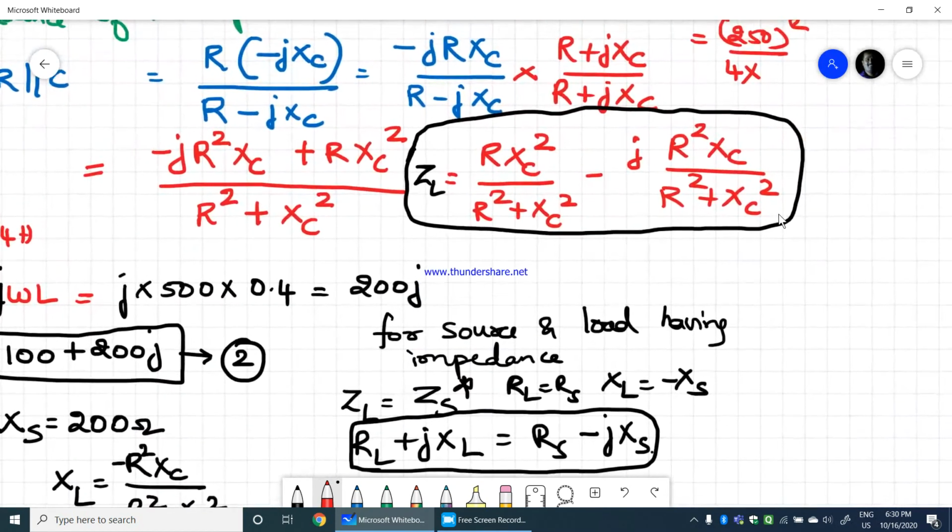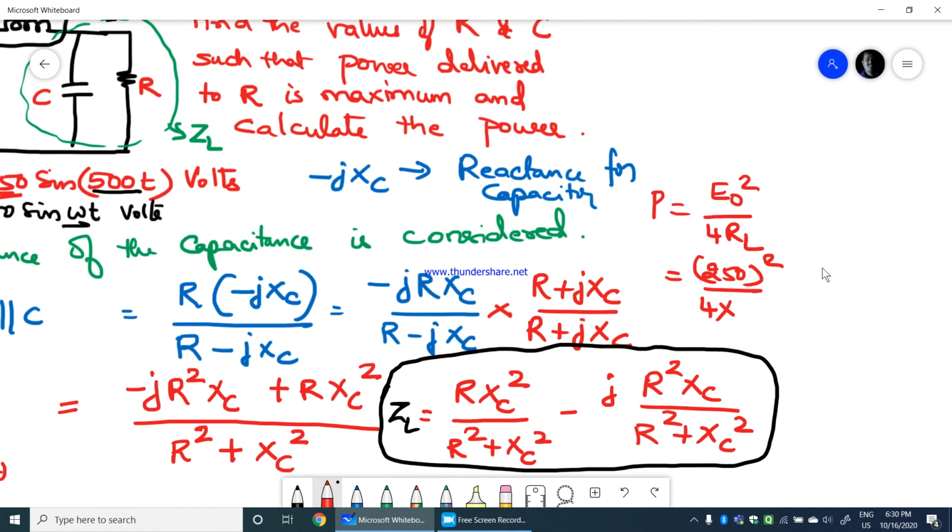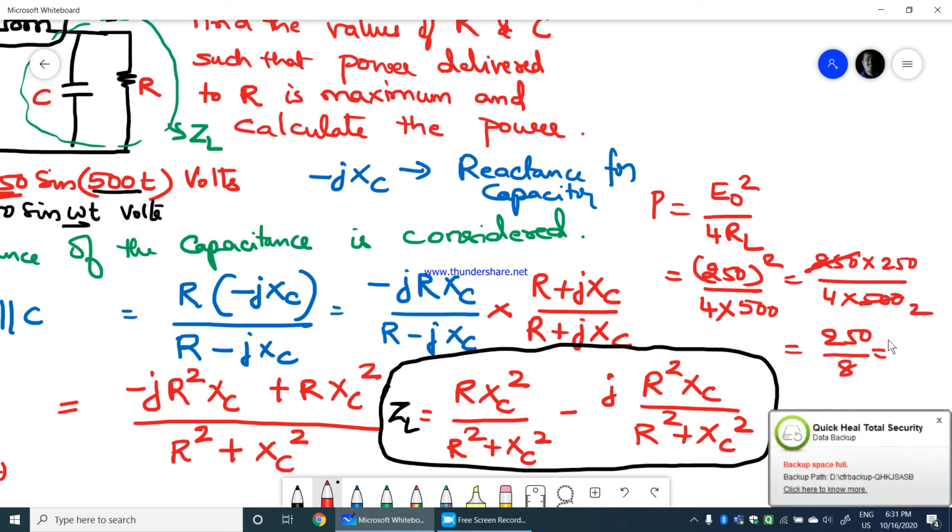Therefore, 4 into 500. So this would be 250 into 250 divided by 4 into 500. So 250 2s are 4, 2s are 8. Therefore, 250 by 8.